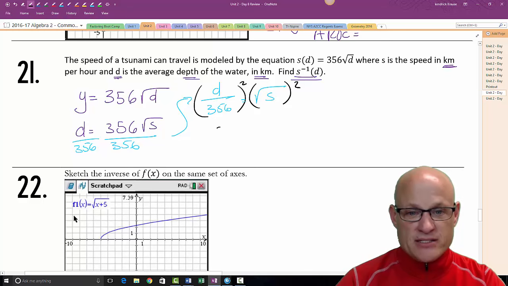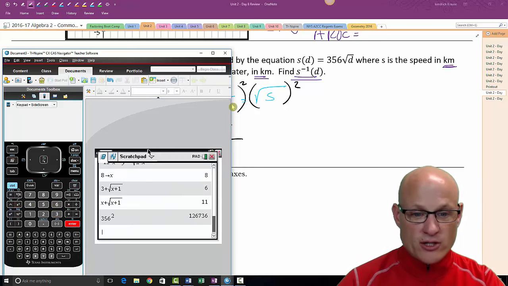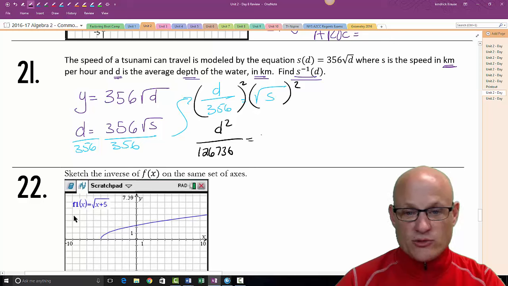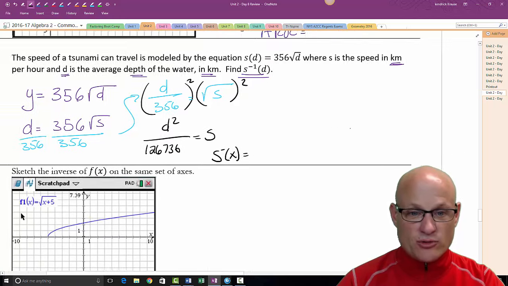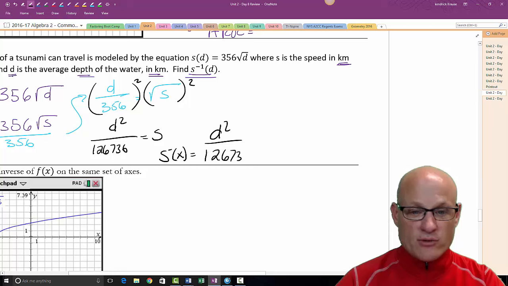So I get D squared over 356 squared. It's going to be a rather ginormous number. 126,736 is equal to S. So S inverse of x is equal to D squared over 126,736.